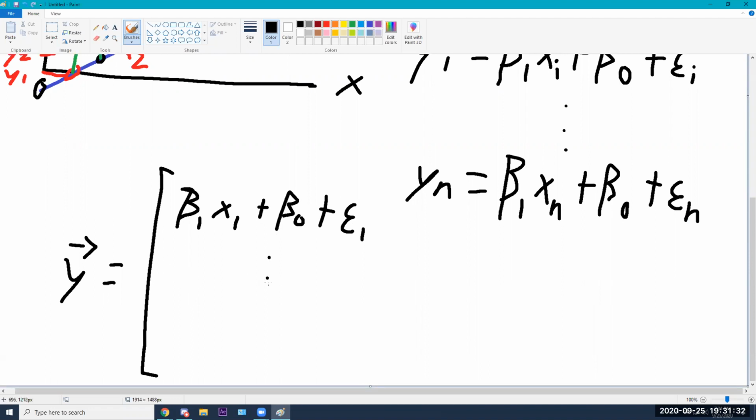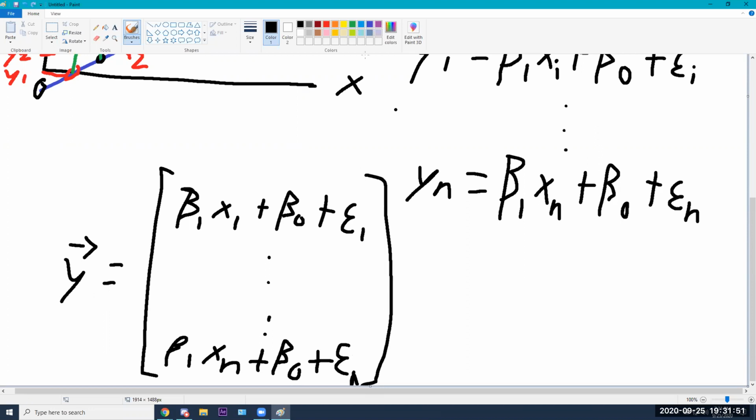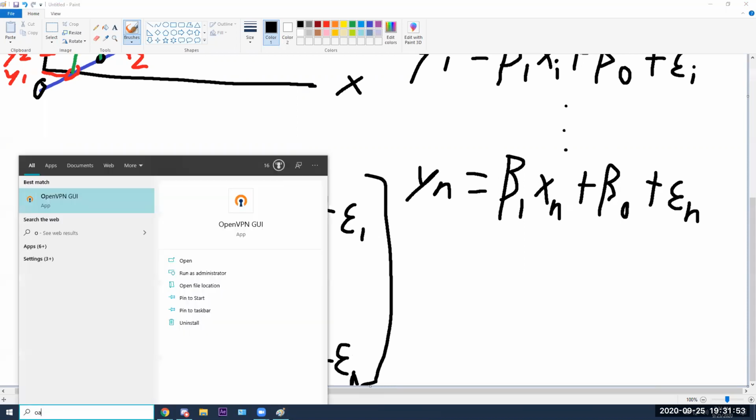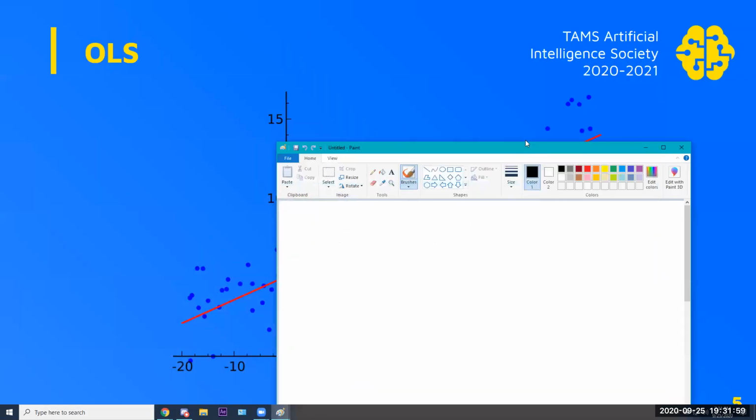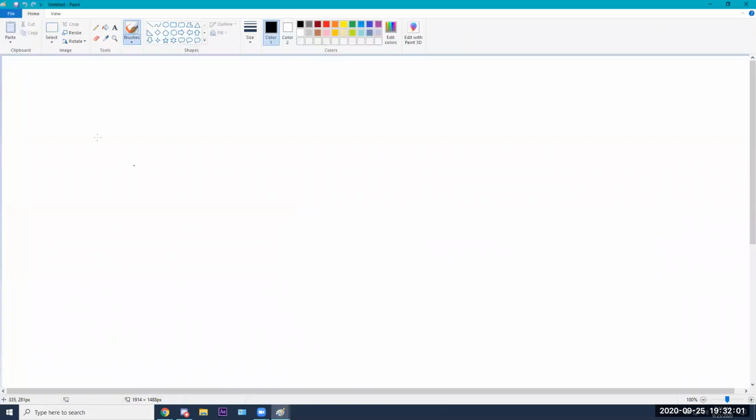Our next one would be the same thing except for x2 and error 2. We just continue this until we reach all of our points, and this would be the vector of all the y values for every single point. I'm going to draw another paint window here, because this is too much to keep tracking. All right, now we can define our y vector here.